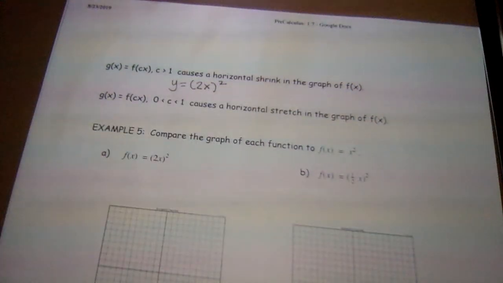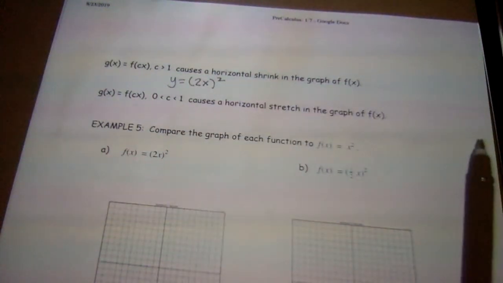So 4x squared makes it skinnier or wider? Skinnier. So a horizontal shrink. So I have that balloon and I'm shrinking it horizontally, meaning I'm putting my hands on either side of it and pushing it in. What's happening to the balloon? It's getting narrower.